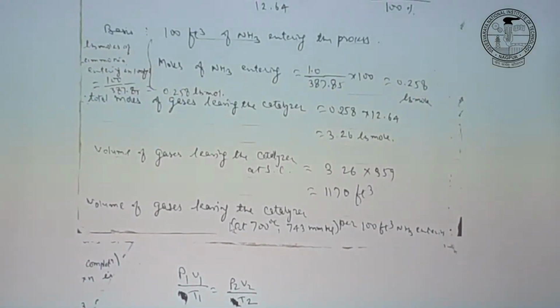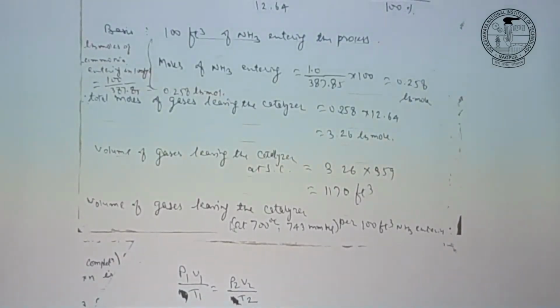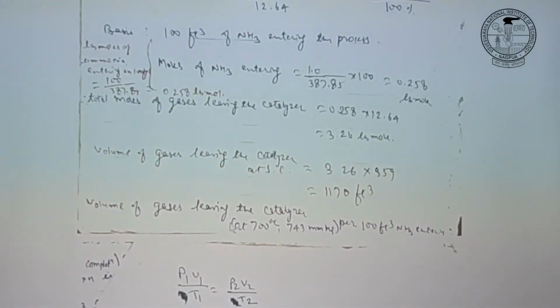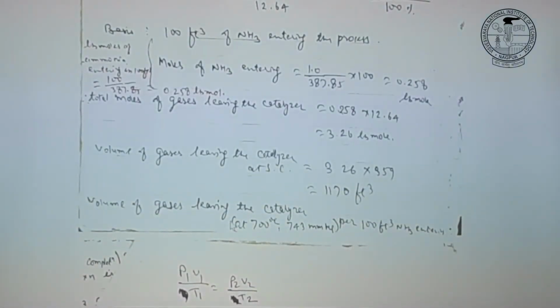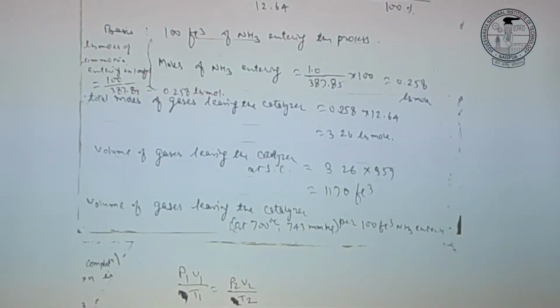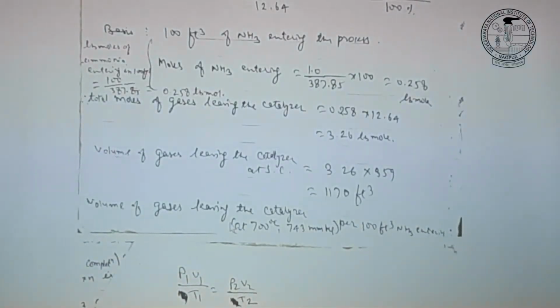Multiplied simply by 359, so 1170 cubic feet. That was asked: the volume of gases leaving the catalyzer. 1170 cubic feet was the volume at the standard condition.